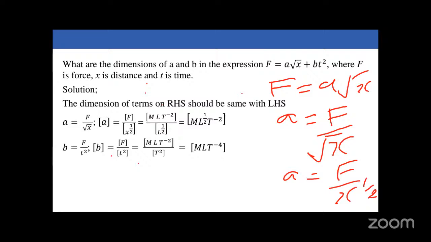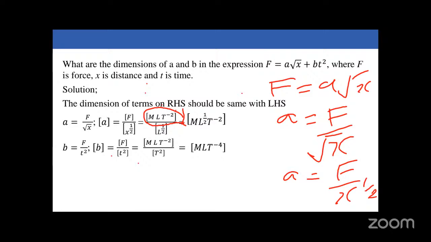So now our F is MLT minus 2, while our X is distance, which becomes L raised to half.